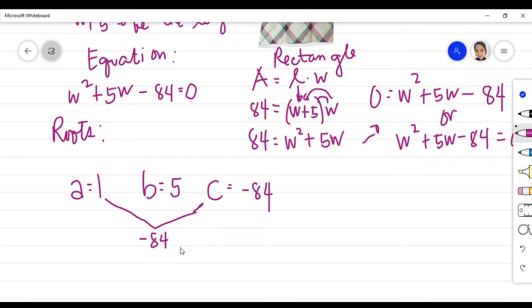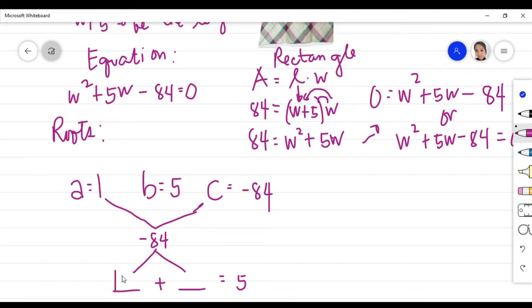And then after we're done multiplying, let's find two numbers that when multiplied, it's negative 84. But if we add them, it will be the value of B. Adding them, it will be 5, and multiplying them, it will be negative 84. So what would it be?